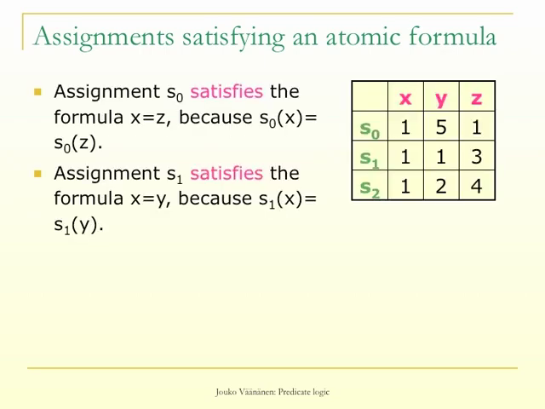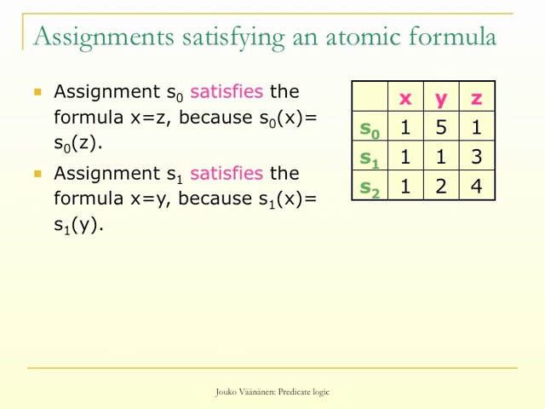The assignment S0 of the above table satisfies the formula x equals z because S0(x) equals S0(z). That is, the assignment S0 maps the variables x and z to the same element.